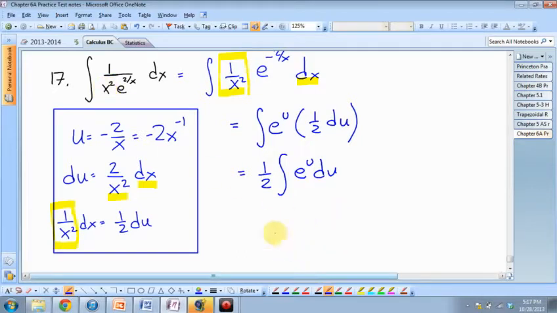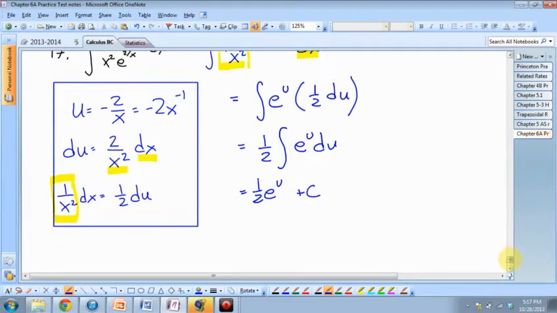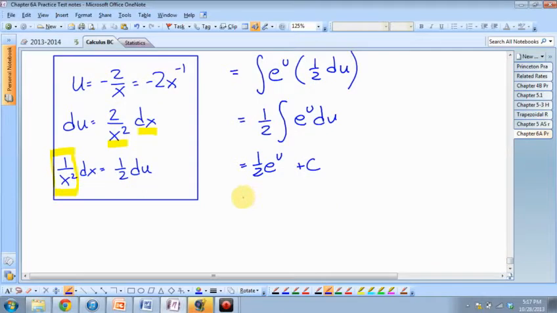Okay, the antiderivative then, that's just 1/2 e to the u plus constant. This problem is pretty much finished. So that's equal to 1/2 e to the negative 2 over x plus constant.